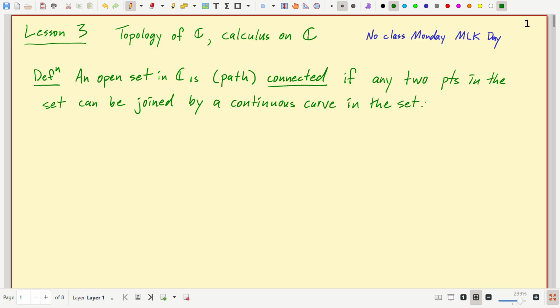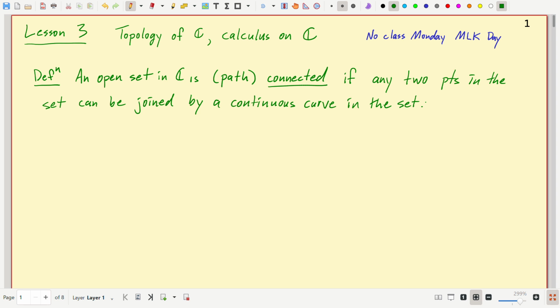So there's two kinds of connected, or two main kinds. One concept is path connected, and if you took a class in topology or maybe analysis, there's another definition of connected involving open sets.